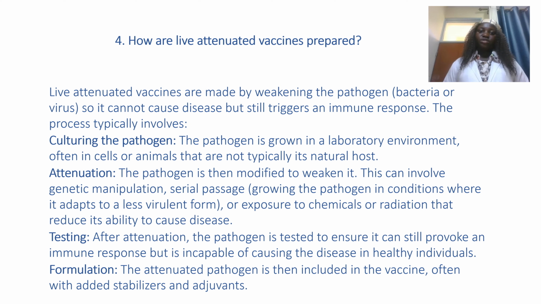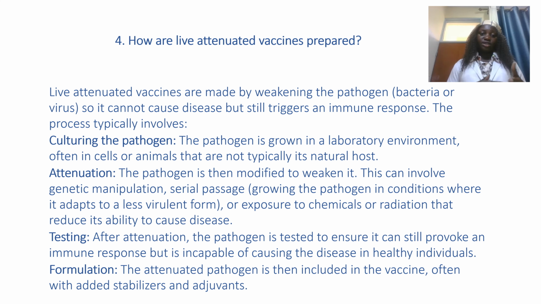Live attenuated vaccines are made by weakening the pathogen, bacteria or virus. It cannot cause disease, but it still triggers the immune system. This typically involves culturing the pathogen in a laboratory, often in cells or animals that are not typically natural hosts. Then attenuation: the pathogen is modified to weaken it.